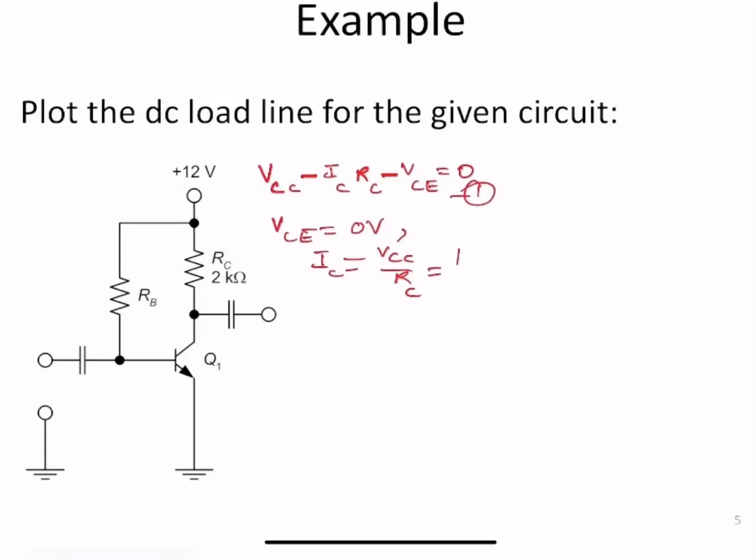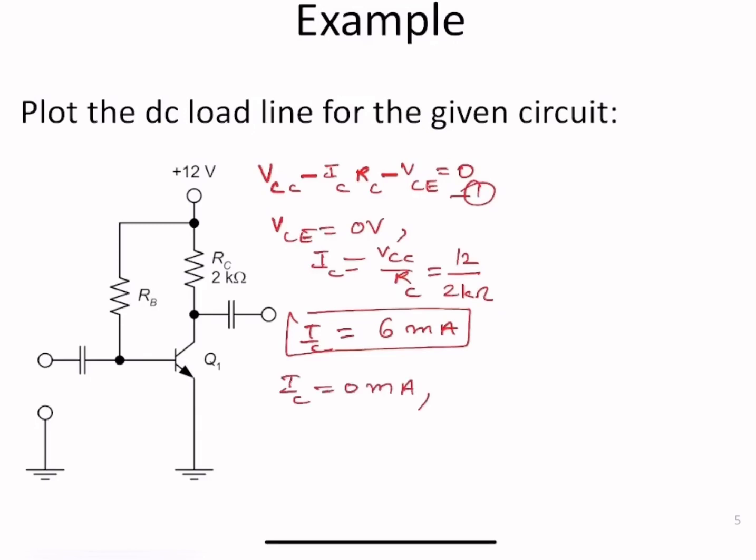Here VCC is 12 volt, RC is 2 kilo ohm, which gives 6 milliampere IC value, which is one point on the load line. For IC is equal to 0 in equation 1, VCE is equal to VCC, which is 12 volt.